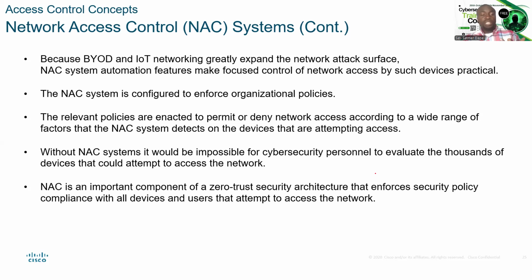Without network access control systems, it will be impossible for cybersecurity personnel to evaluate the thousands of devices that could attempt to access the network. All right. So the network access control is an important component of a zero trust security architecture that enforces security policy compliance with all devices and users that attempt to access the network.